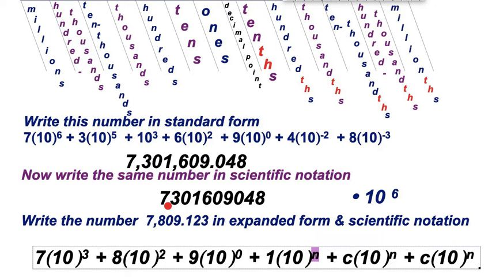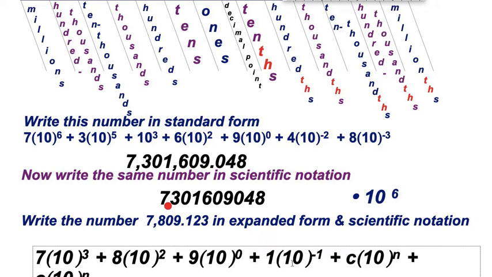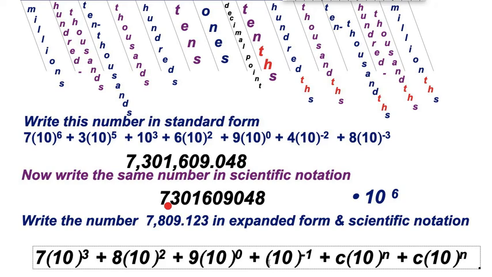And that's going to be 10 to the negative 1 power, negative 1. But see, it's just not even necessary. I could just take that off. And then I've got 2, and that would be in the negative 2 power, the hundredths place, and the 3, etc., in the negative 3 power. That's expanded form.